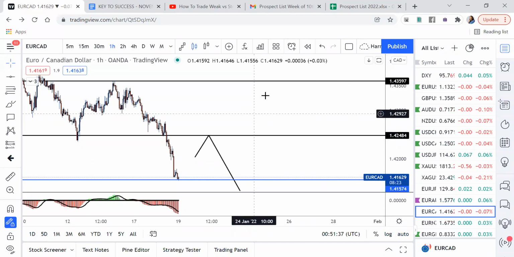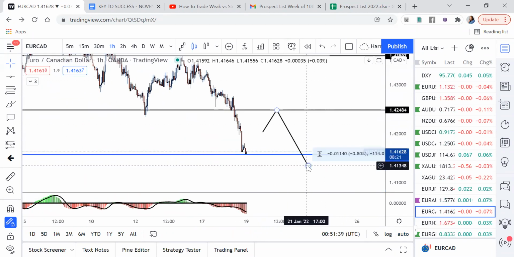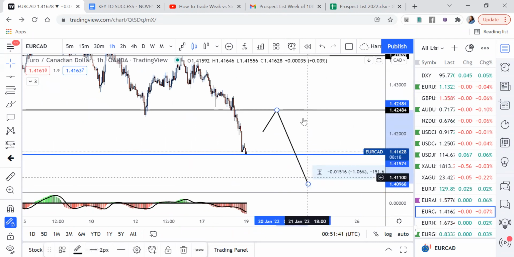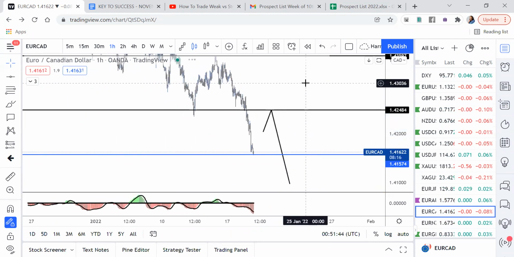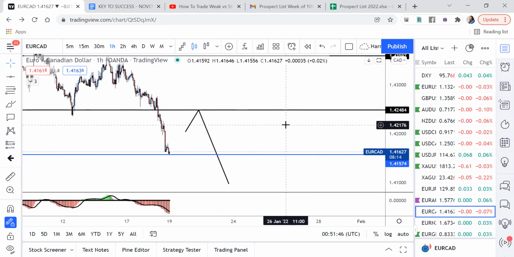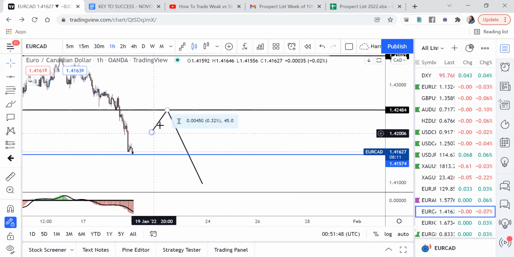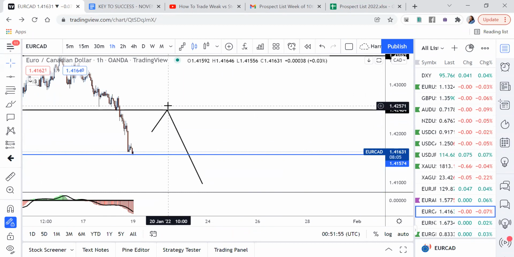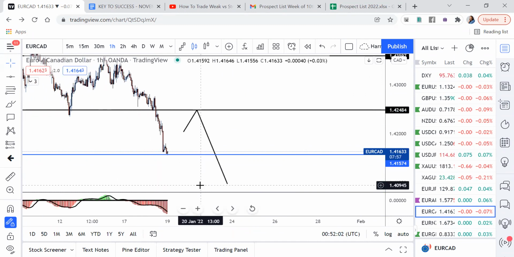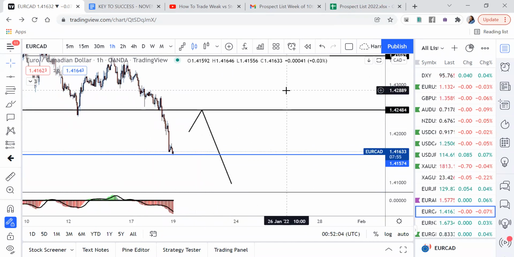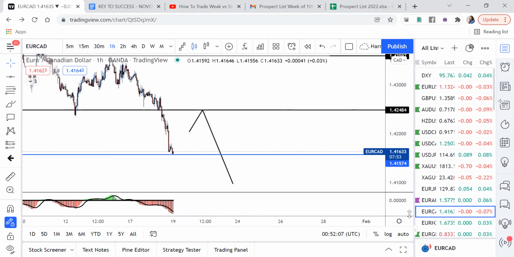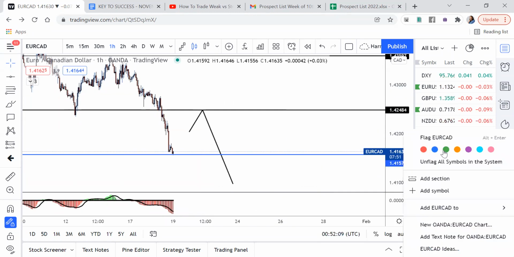Once we can get a retested structure, then you can take this setup down into this imbalance zone. So wait for this first. Let's wait to see if we get this, and then we can look at planning our entry. Once price starts to come back up to here, we can start to plan for our entry and then take a nice sell down into that weekly imbalance zone. All right, so that's the potential.